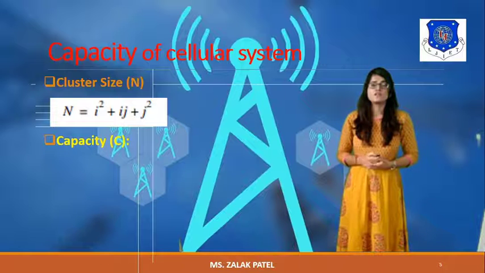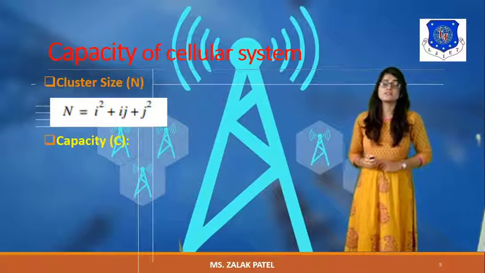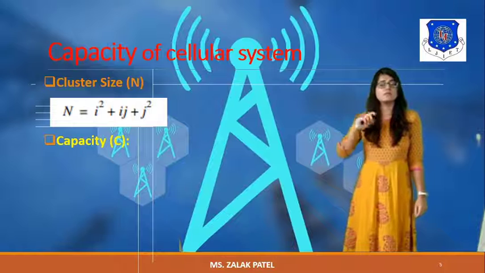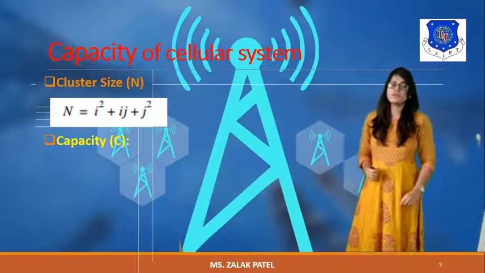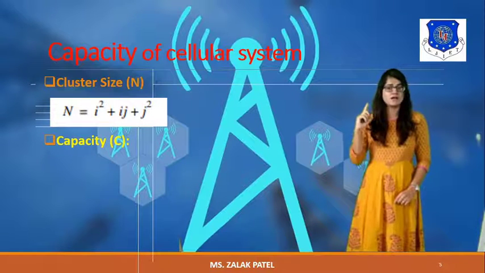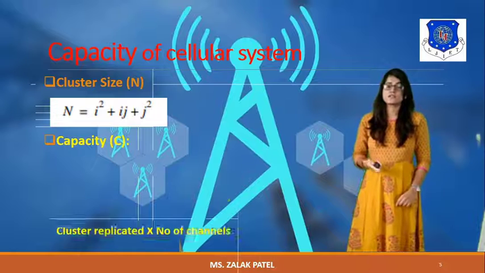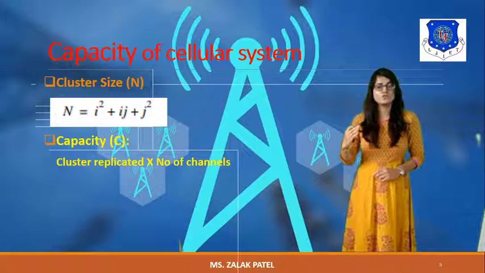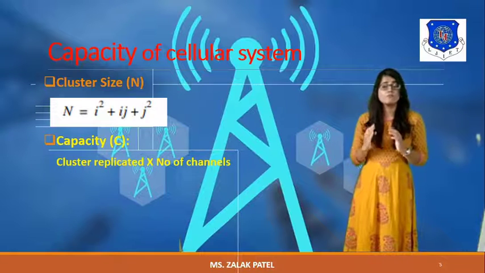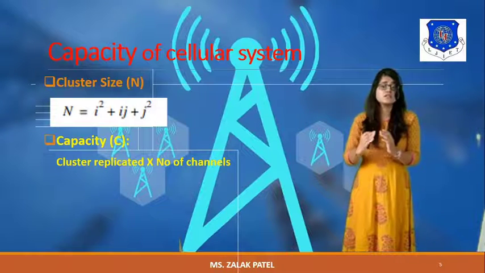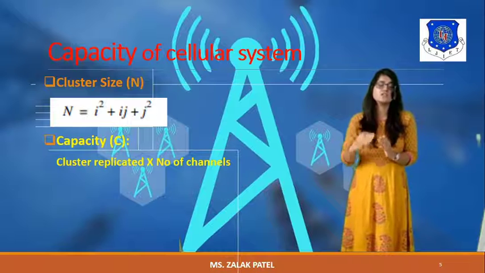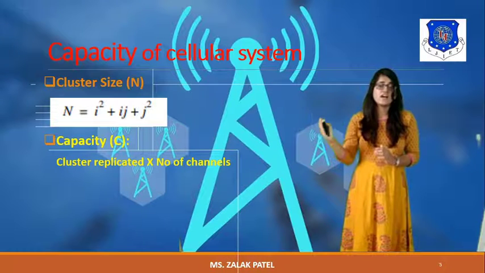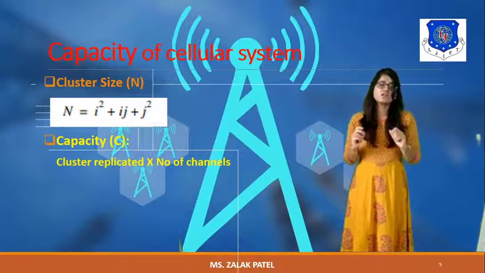The system capacity is basically the number of channels used over the complete cellular system. Capacity is determined by the cluster replicated, meaning the number of channels used in one particular cell into the number of cells replicated in that particular area.